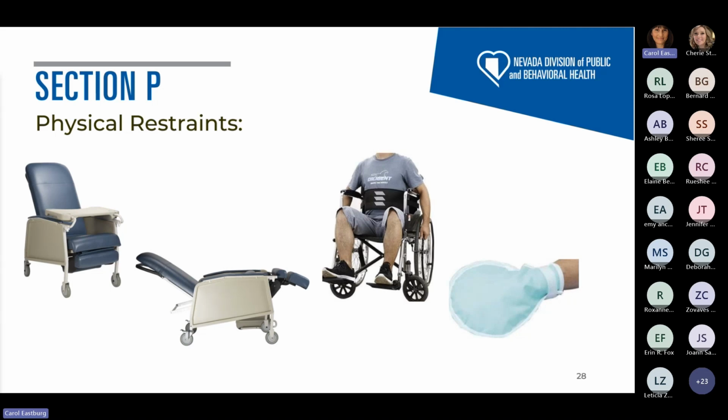In this illustration with the geri-chair with the lap tray on it, if the resident was not able to release that lap tray and stand up on their own, it would be considered a restraint. Likewise, if you have a mobile person and you put them in a geri-chair and then recline it back, and they're unable to get out of that chair, that would be considered a restraint for that person.